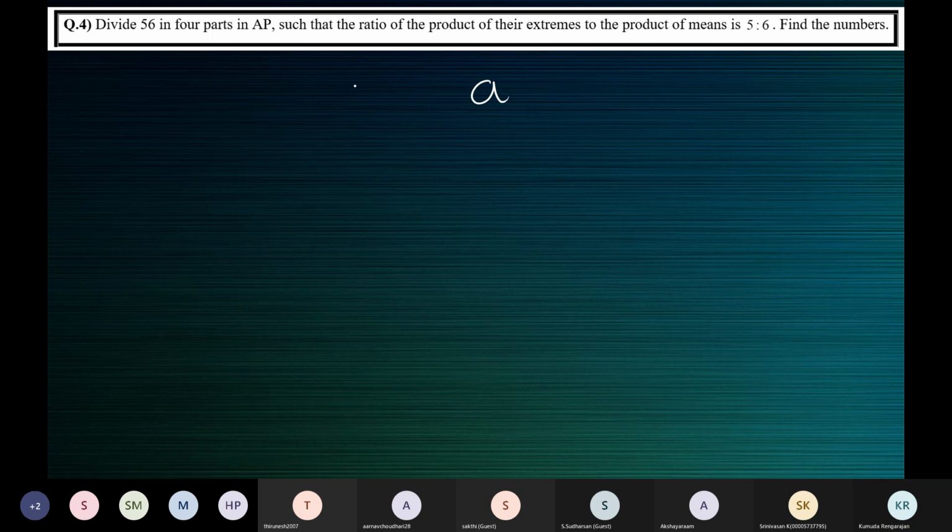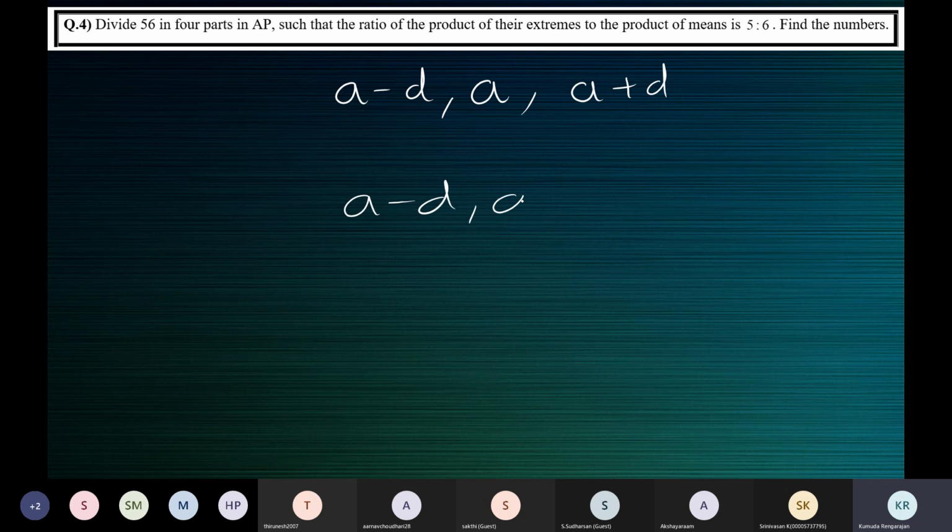A on the left side, A minus D, on the right side, A plus D. This is what we assume if we have to find only 3 numbers that are in AP, that is, the AP has only 3 terms. Let the terms of the AP be A minus D, A and A plus D.